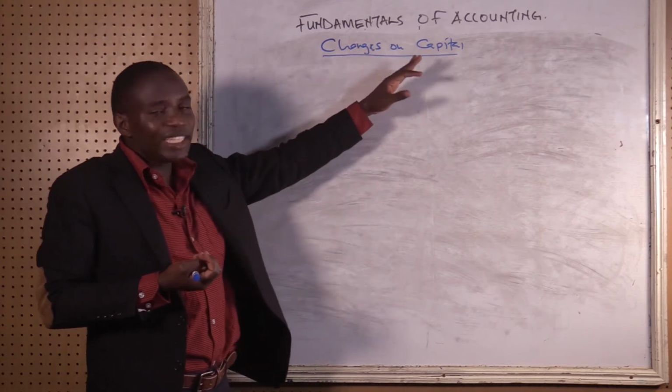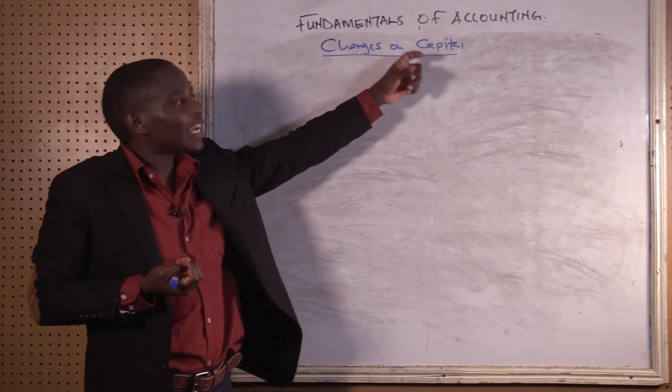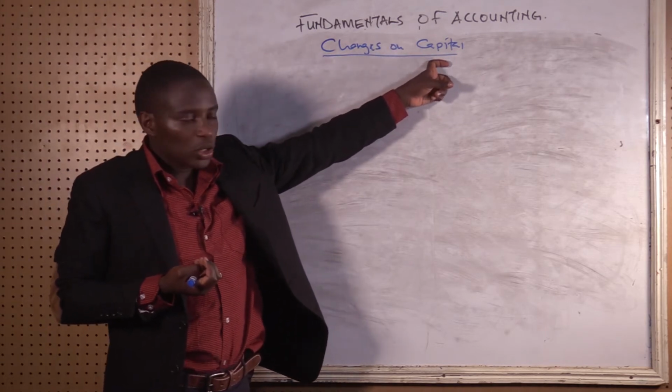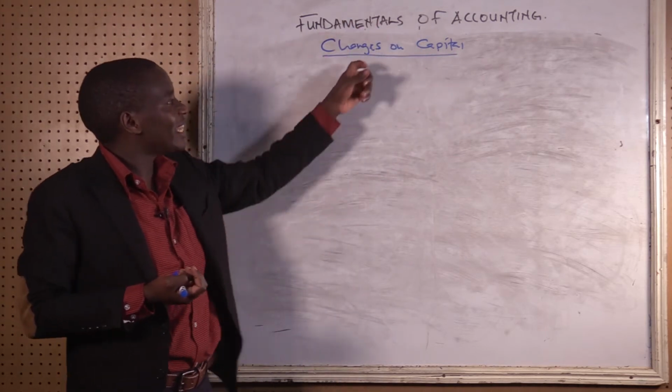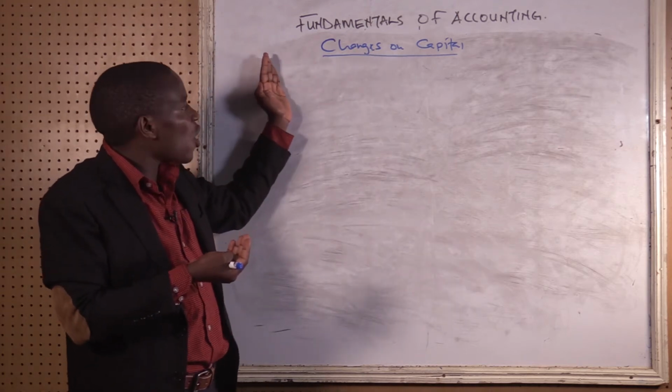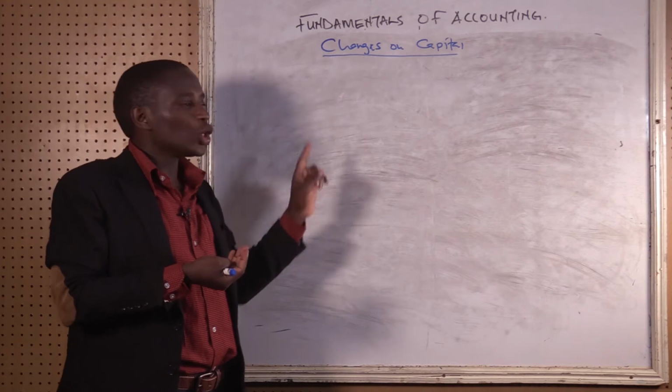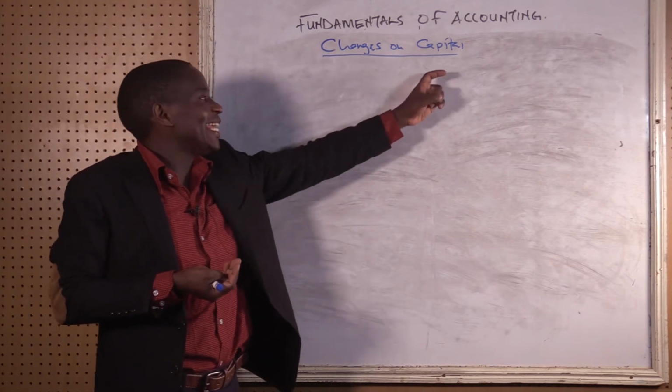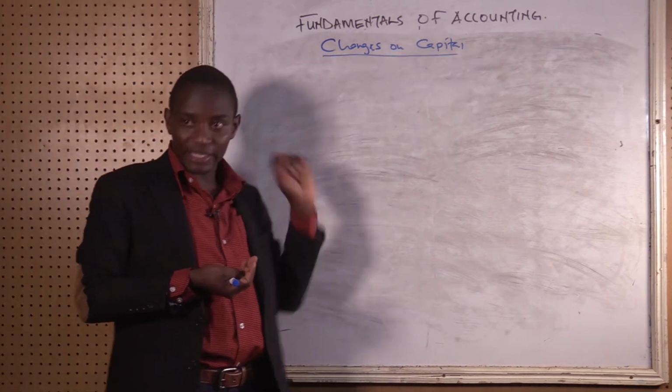All those items usually affect the capital. So we shall be looking at changes that make the final capital of a business different from the initial capital of the business.